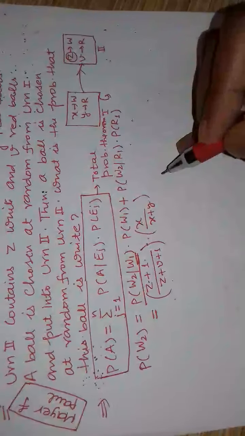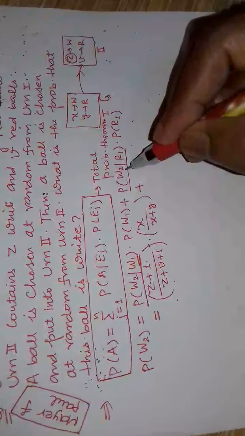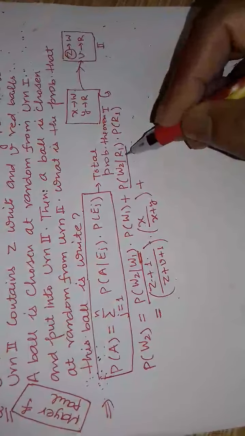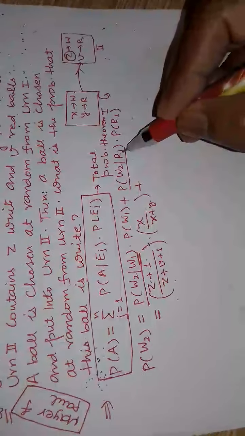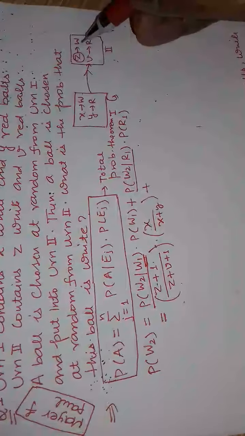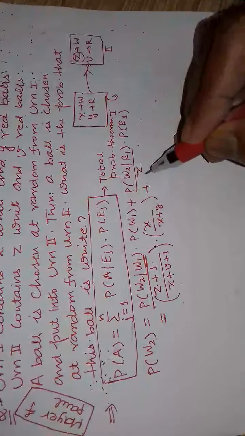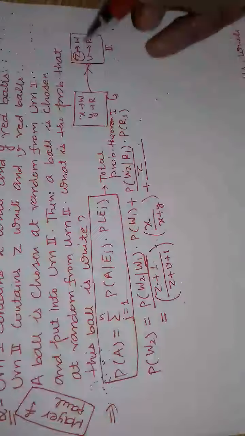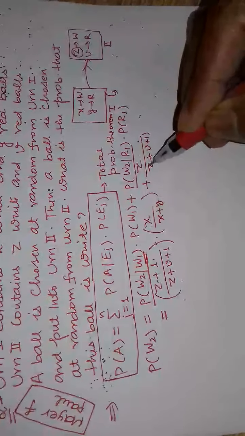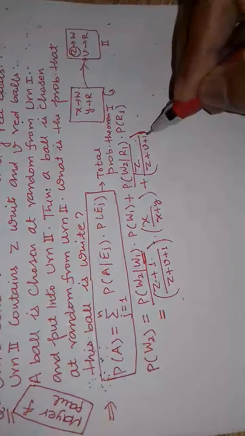Now this is the probability of the event: a white ball from urn second while a red ball has been transferred from the first urn. So the probability of W2 given R1 means what? There are Z white balls in the second box, and the total is Z plus V plus 1, and the transferred one is a red ball.